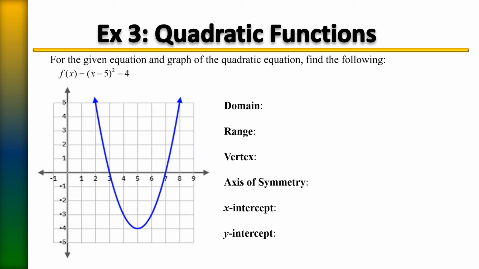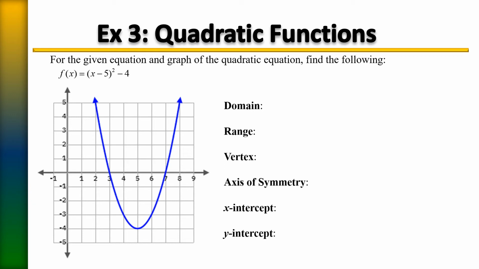Next, we want to find the domain of this function. So recall the domain, if you look at it algebraically, you just want to know all the allowable values of x that you can plug into the function. If you're looking at the graph to identify the domain, you want to know how far that graph extends both to the left and to the right.